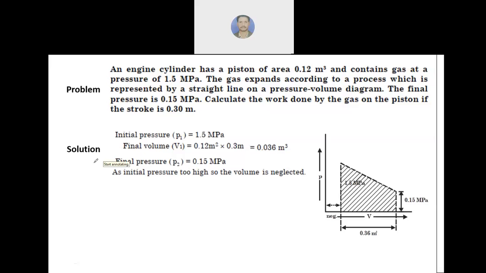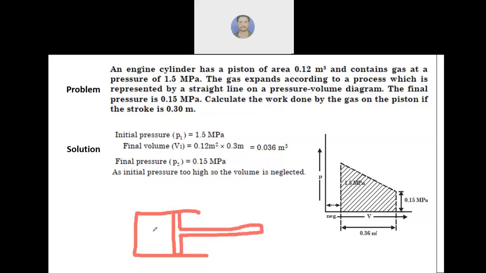I will explain what our system is. This is a cylinder, and inside this cylinder there is a piston. Here the gas is there. This is the piston, this is the cylinder, this is the gas. Now, what do you understand by stroke?